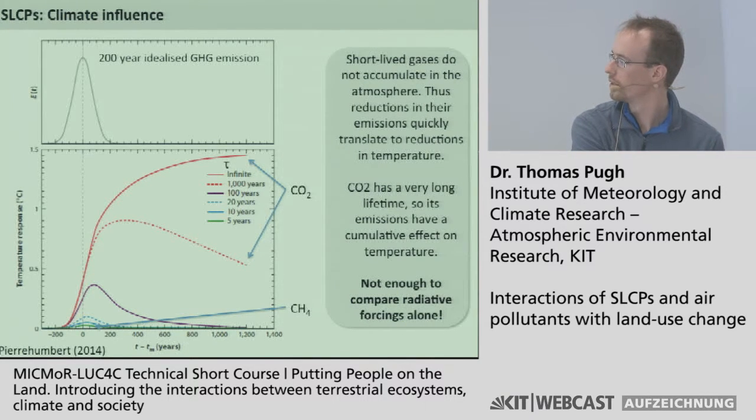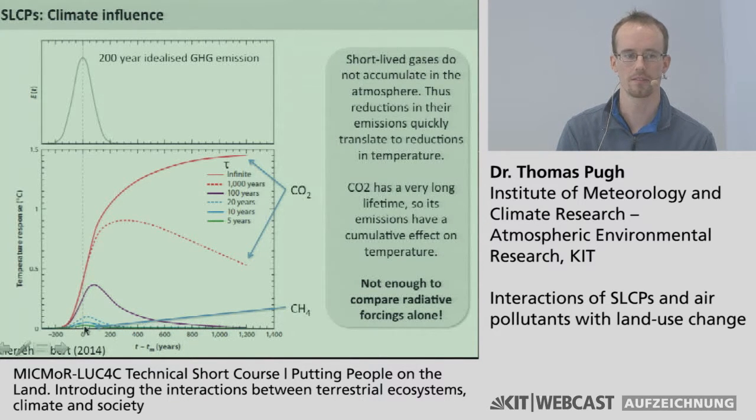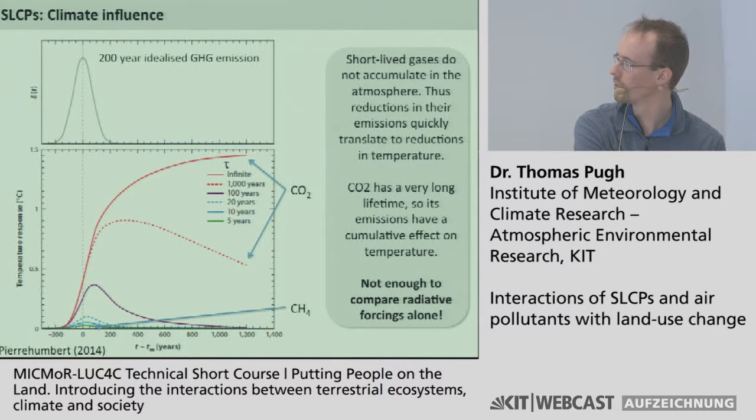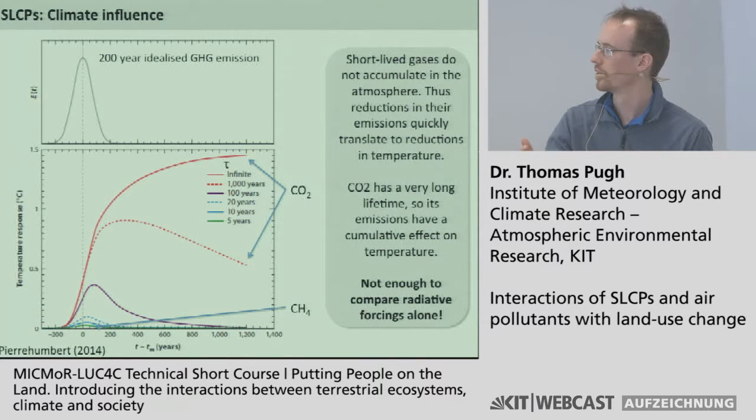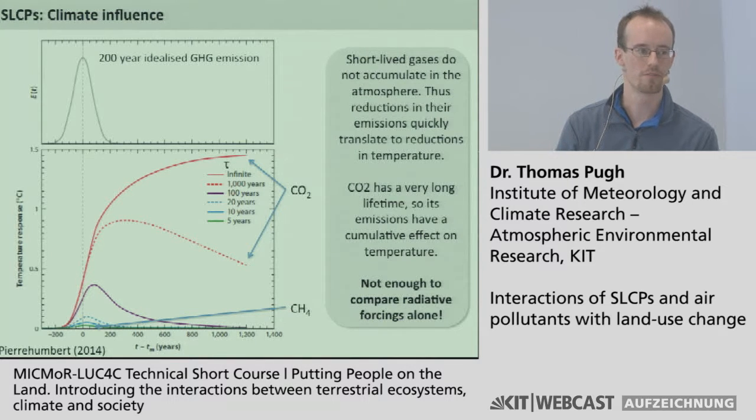If you compare that to a forcing agent with a lifetime of just 5 or 10 years, like methane, or even less in the case of most other SLCPs, then the effect of reducing the emissions by the same amount is very small, because whatever you put into the atmosphere only stays there 10 years anyway. So if you stop all emissions now, in 10 years, all the anthropogenic effect is gone. So you have to be quite careful when you're comparing these different types of gases and their effect on the climate. Just adding up radiative forcing doesn't really do the trick.